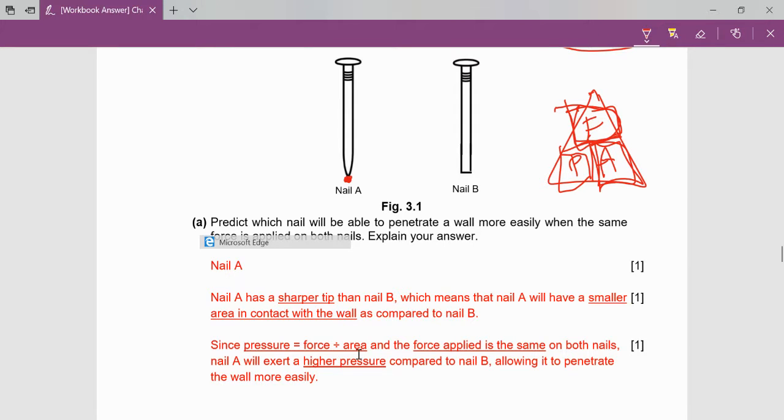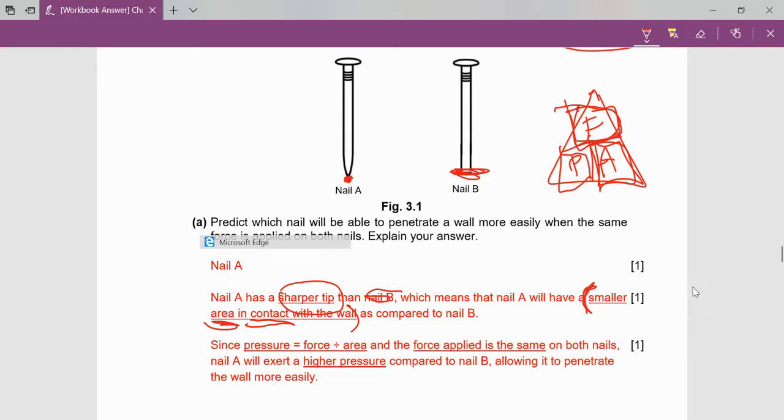You need to have the explanation with regard to the question. So you must say it has a sharper tip compared to B. Then you can apply the concept here, which means A will have a smaller area in contact with the wall. You need this to get a mark compared to B. See this one? Larger surface area, this one smaller, in contact with the wall.